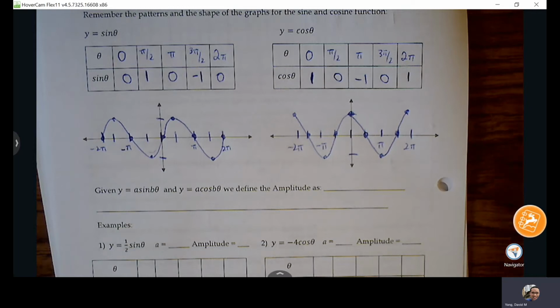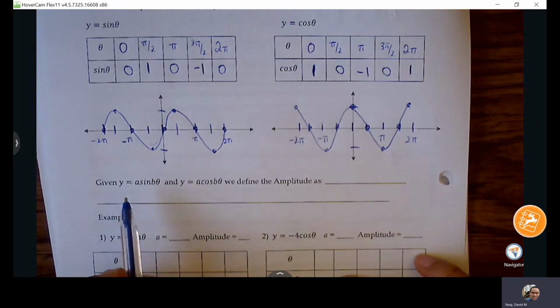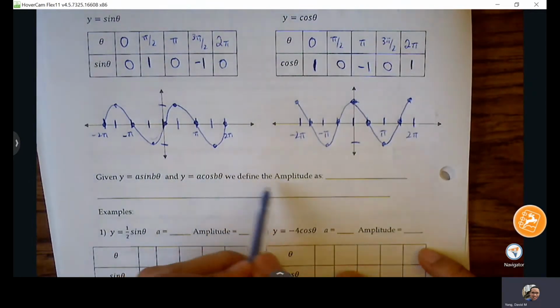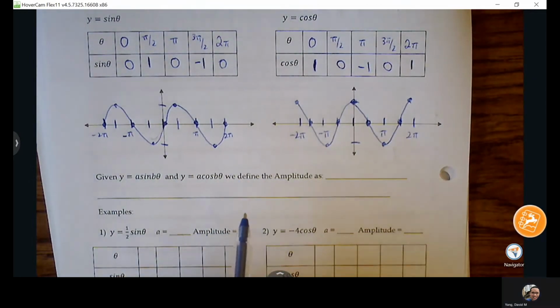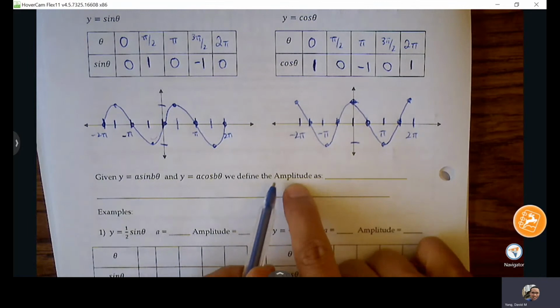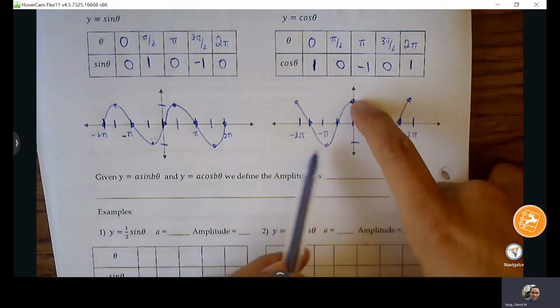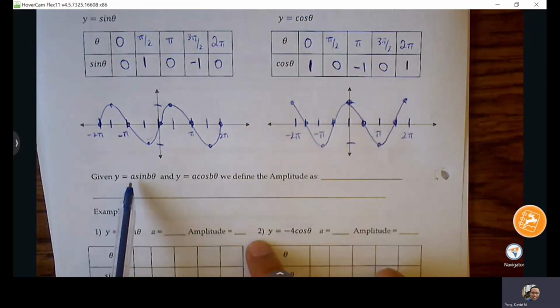Okay, one final thing. We're going to explore this a lot more, but just an intro is we're going to talk about amplitude. Okay. So amplitude is basically going to do the job of stretching the graph vertically, imagining stretching or compressing the graph vertically.